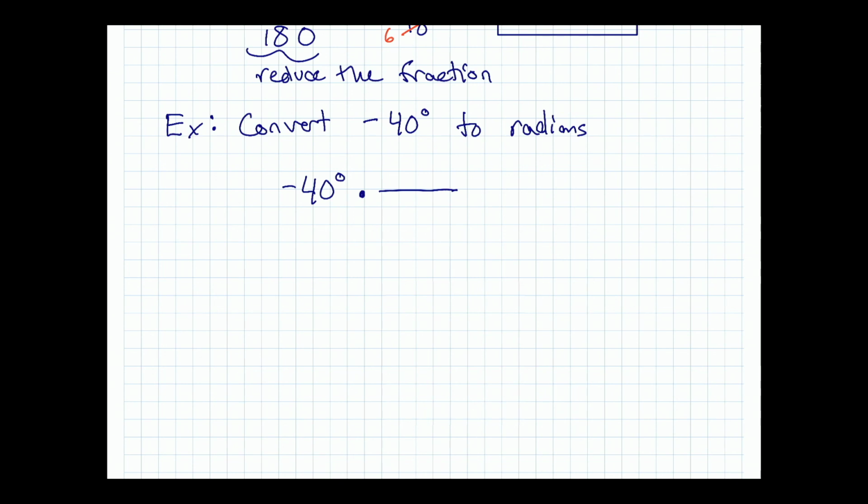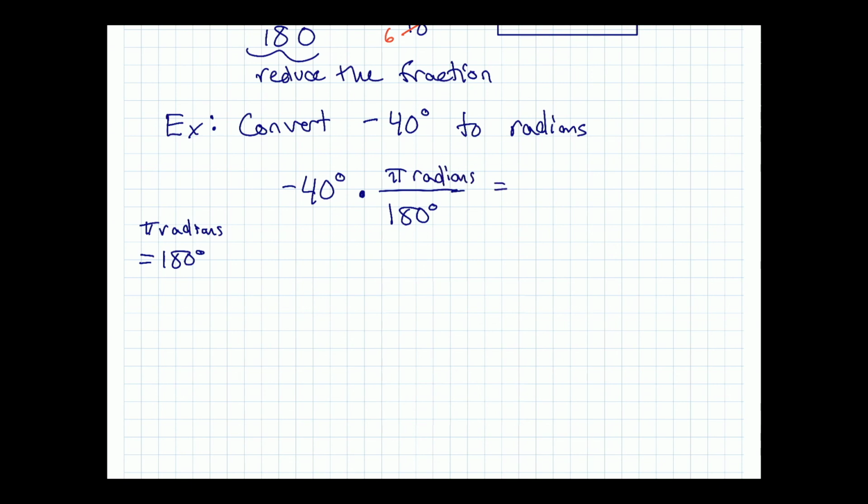Remember, pi radians equals 180 degrees. And you just decide which one to put on top, which one to put on the bottom. And remember, you want the one on bottom that's going to cancel out what you started with. So like this.